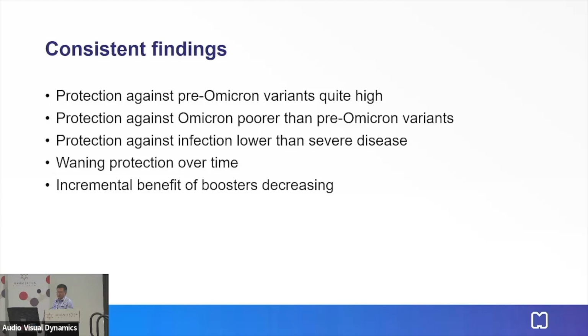So the findings that are consistent is that protection against pre-Omicron variants had been quite high, but is much lower against Omicron, at least against infection, and that's lower than against severe disease. There is this waning protection over time, and the incremental benefit of boosters is decreasing. So the bang for the buck with getting any vaccine at all is much higher than the 4th or 5th dose and so on.